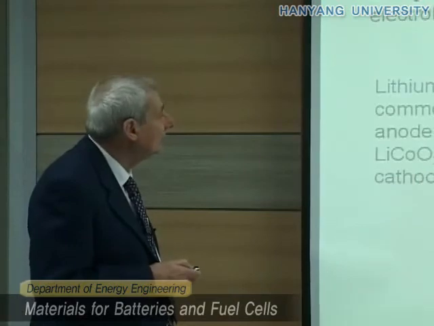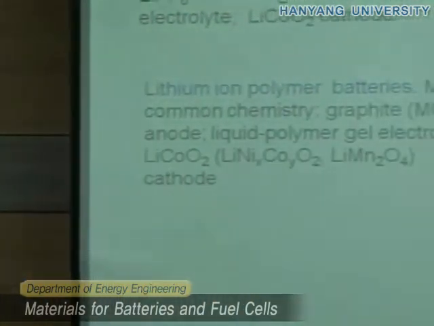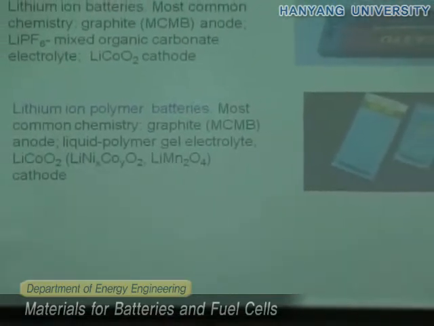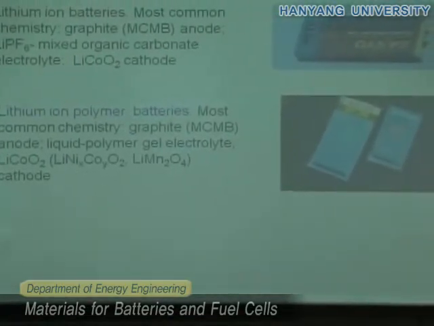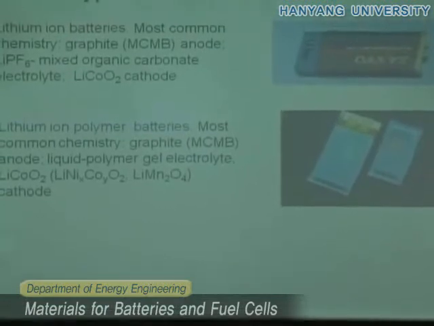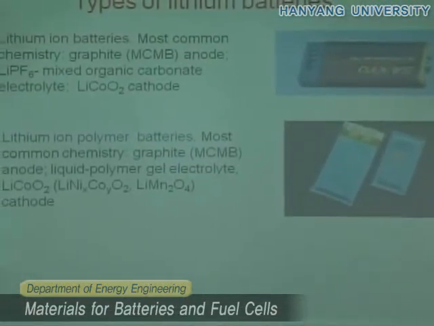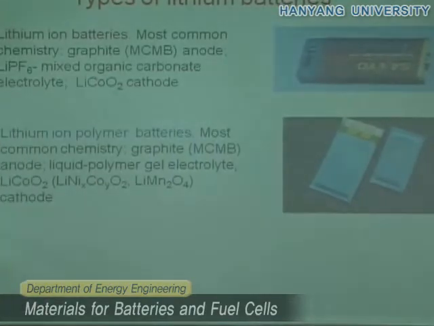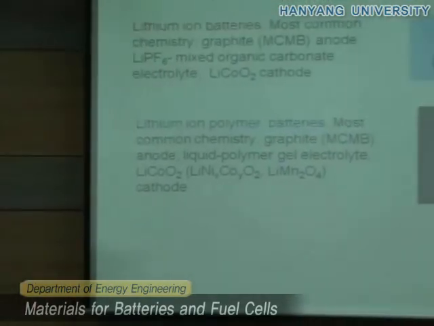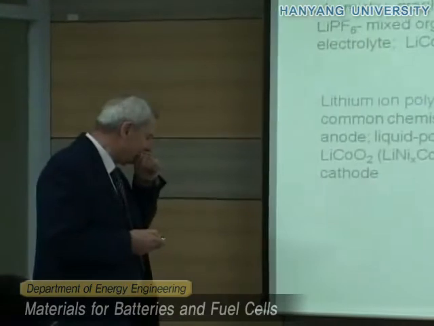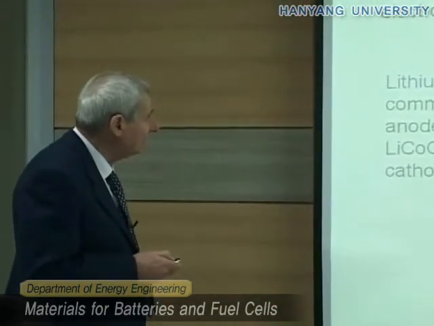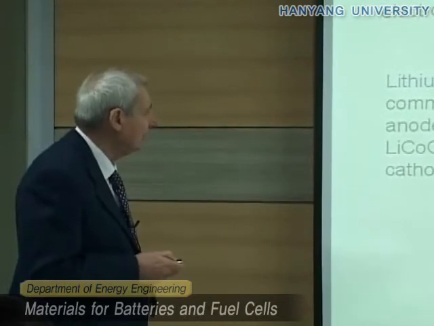Then there are the so-called lithium-ion polymer cells, where the chemistry of the anode and the cathode are the same, apart from some small differences, but where the liquid organic electrolyte has been replaced by a gel type of electrolyte.